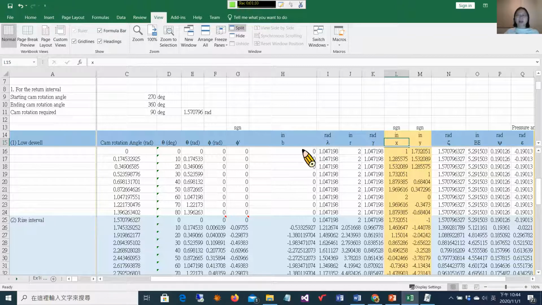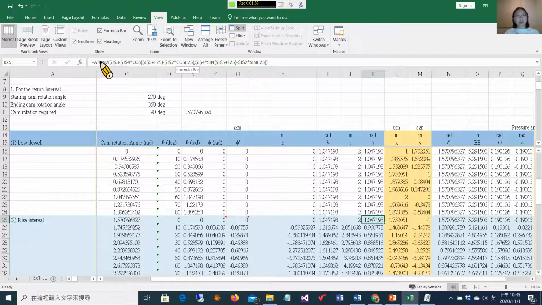Let me show their formulas. For B, here. For lambda, here, we use the arctangent tool. For R, here. For gamma, here.